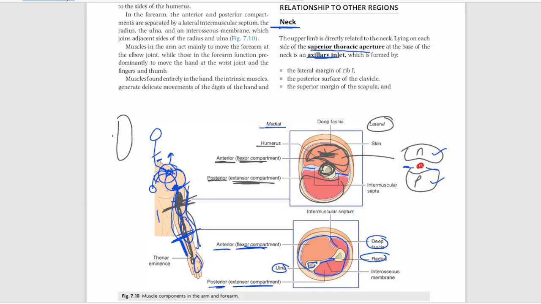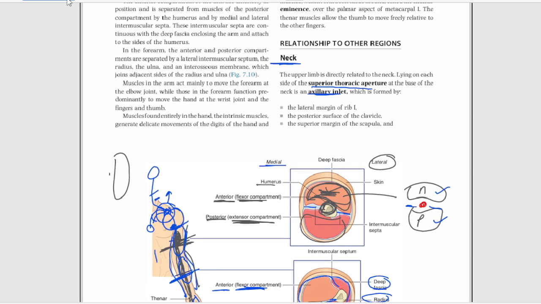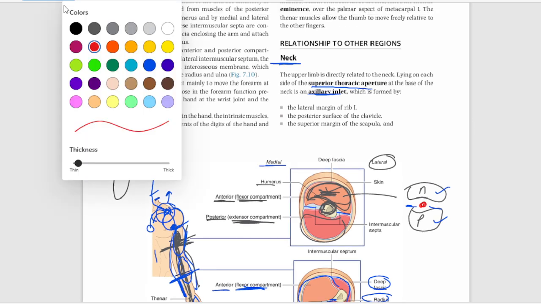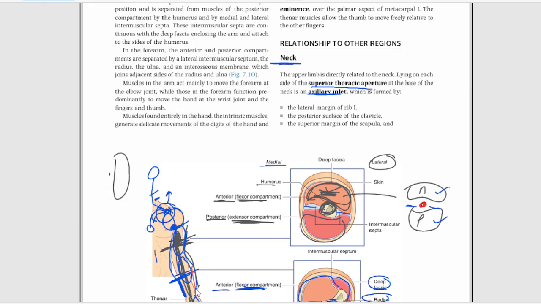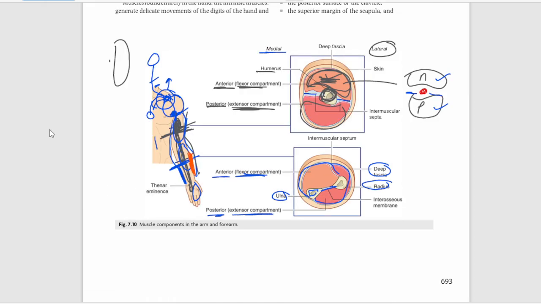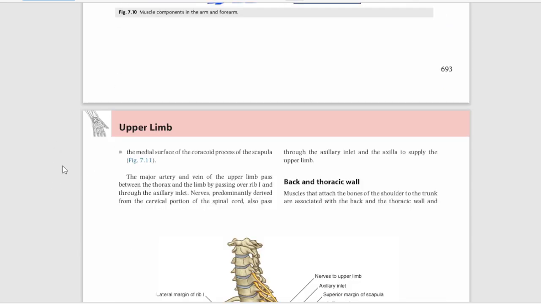What is called the medial side? This is the medial side, and the radius is on the lateral side. Between these two bones, an interosseous membrane is present.